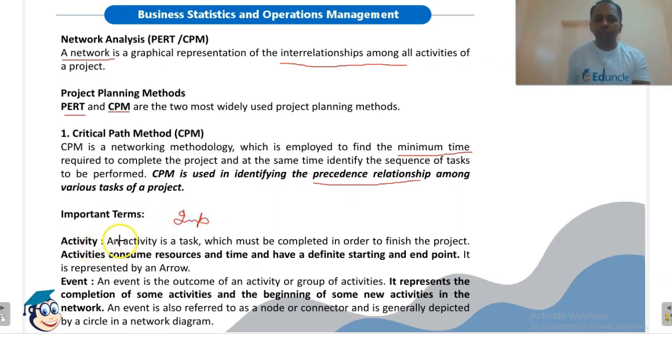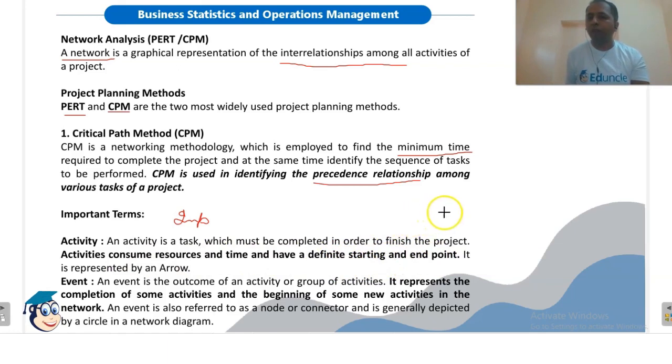First is activity. An activity is a task which must be completed in order to finish the project. An activity means a particular task that must be completed in order to finish the project. Activities consume resources and time and have a definite starting and end point. There will be a particular starting point and a particular end point of all the activities.